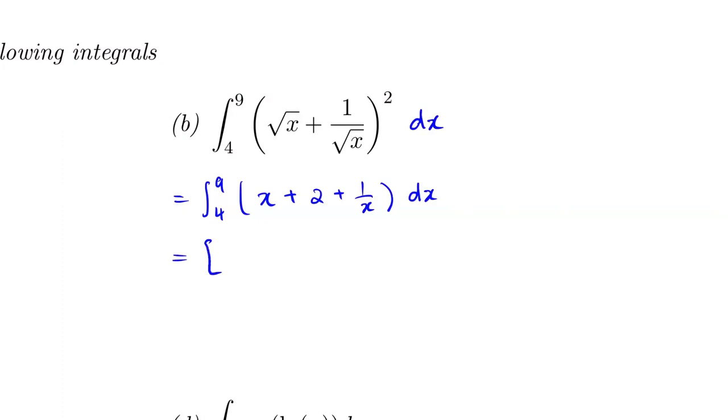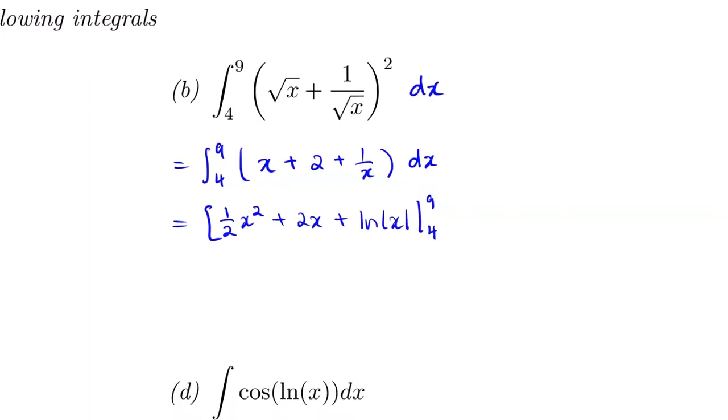So we evaluate each of these. The first one, we would just get half of x squared. The second one, we would just get 2x. The third one, we get ln of x, evaluated from 4 to 9.